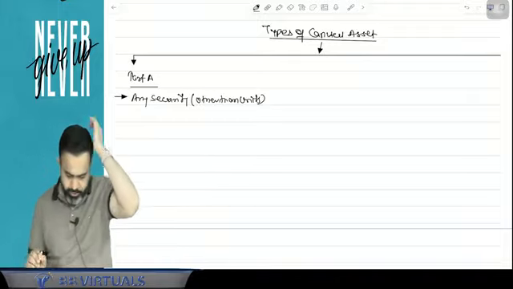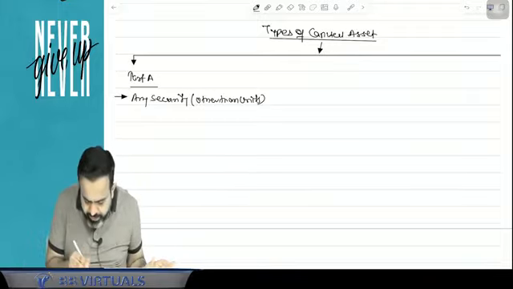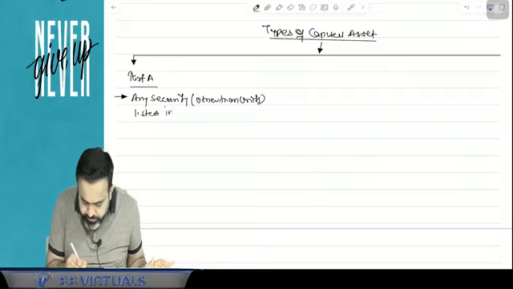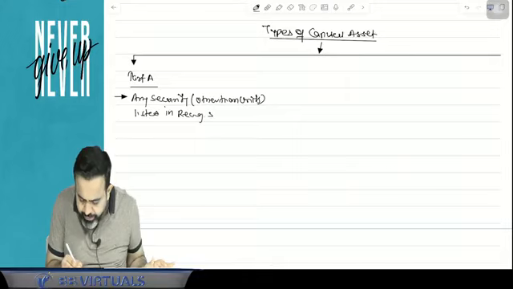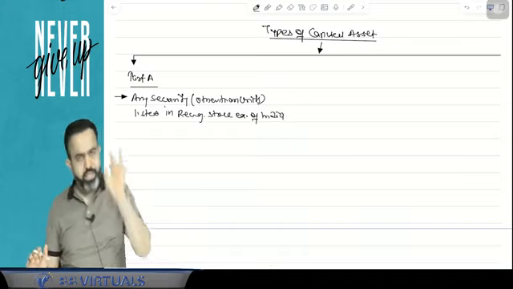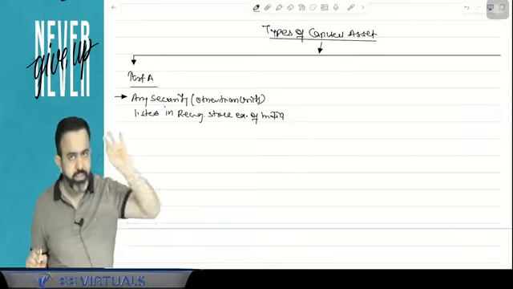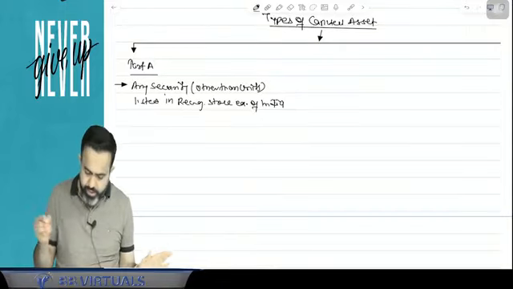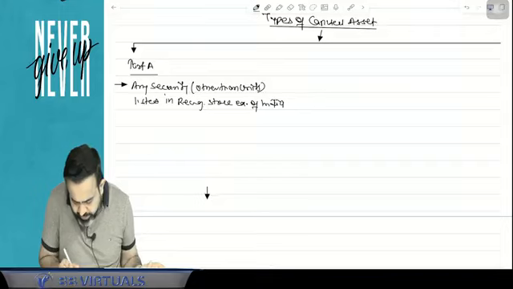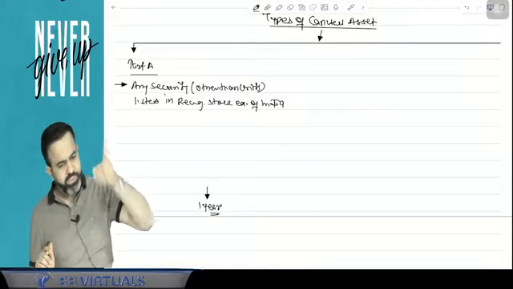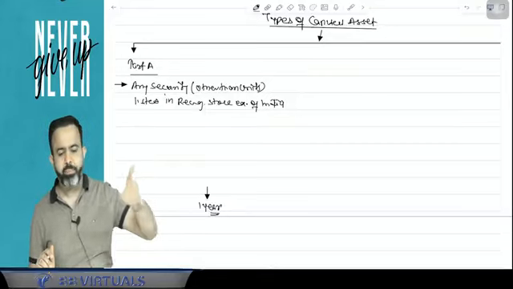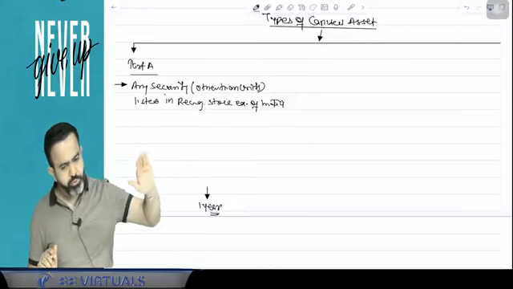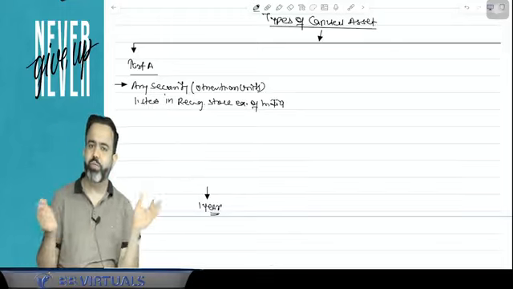So in case of any security other than units, if that security is listed in a recognized stock exchange of India, then guys, the period of holding of that asset you have to check is 1 year. Means if it is transferred within 1 year, then the capital gain is short term. And if you transfer after 1 year, then the capital gain is long term.